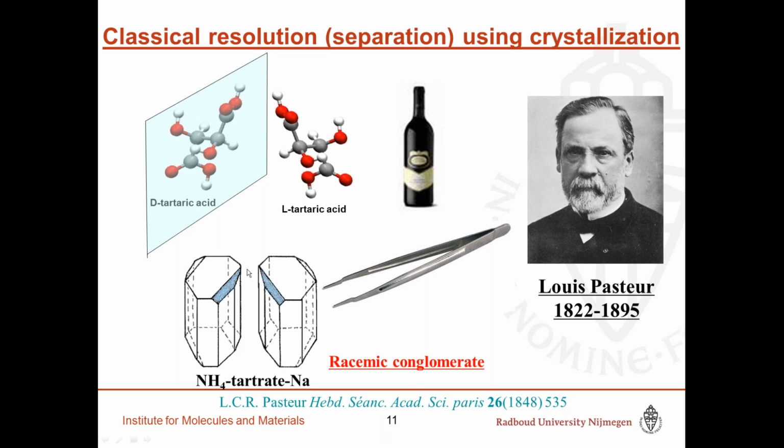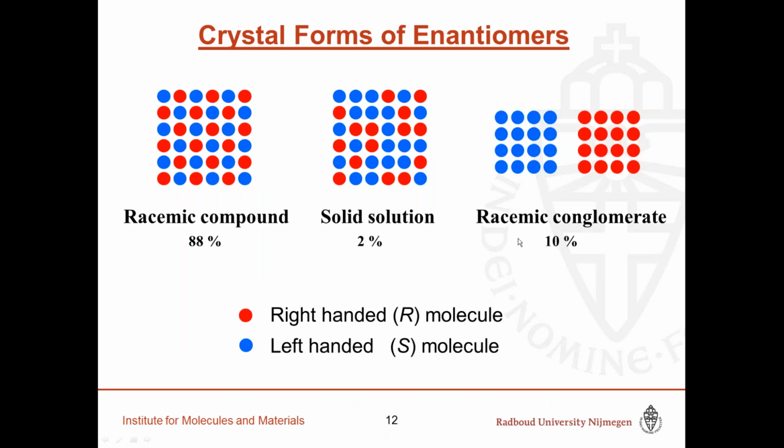Now, a bunch of crystals in which you find these two mirror images, you call a racemic conglomerate. This is a notion which I will use a lot during this webinar. So a racemic conglomerate means I have crystals of both handednesses in a mixture. And that means that in one of the two you have the left-handed molecules, and in the other one you have the right-handed enantiomers. Now this appears, if you look at all chiral molecules, roughly only for 10% of the molecules.